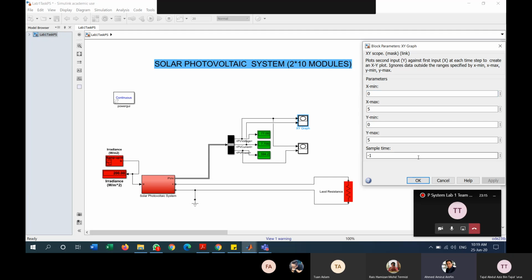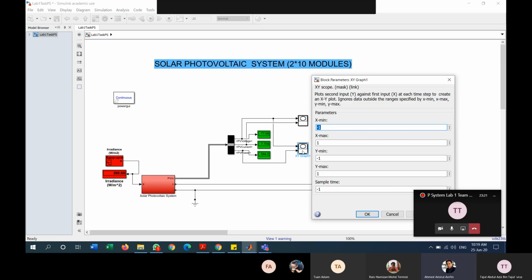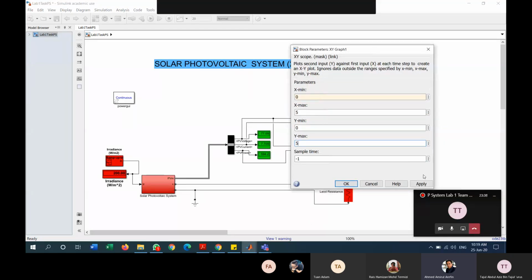Do the same thing for the other one. Like this one, -1 to 1, I am just changing it to 0 to 5, or you can put 0 to 4 also. Then apply and then okay.